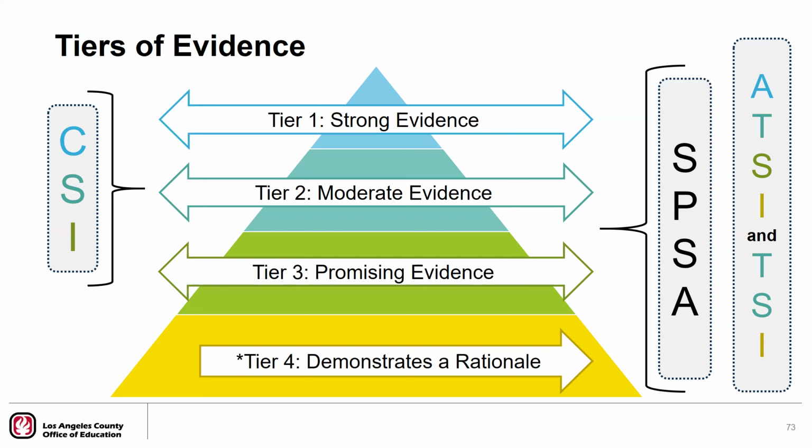If, however, your school is identified in CSI, ESSA requires that the interventions implemented have strong, moderate, or promising evidence. In other words, for CSI schools, interventions implemented must be from tiers 1, 2, or 3. Later in this presentation, Laurel will provide in-depth information related to CSI, ATSI, and TSI.